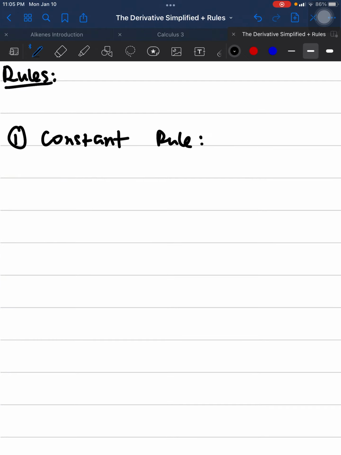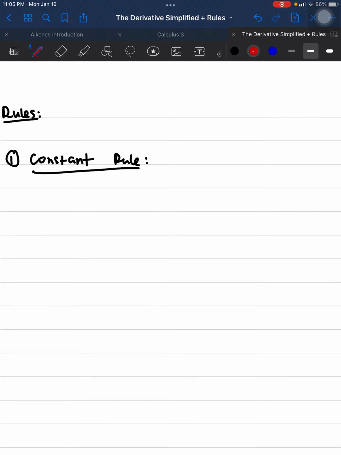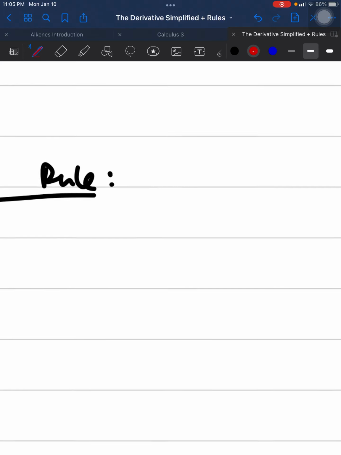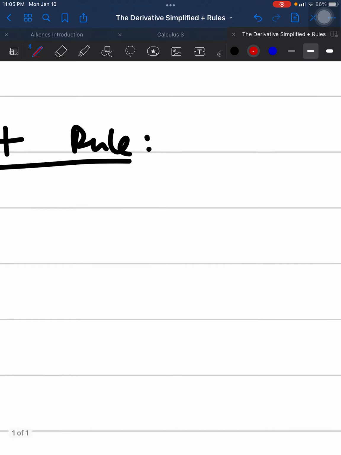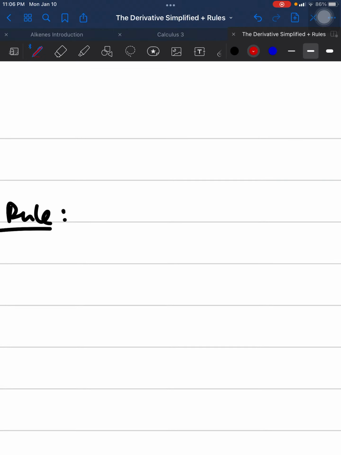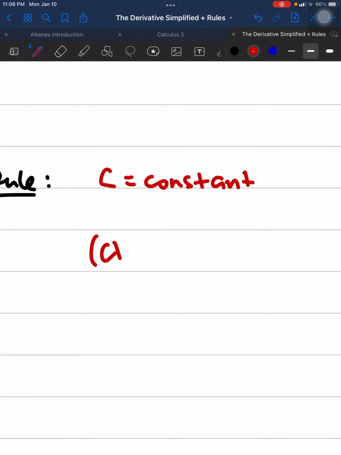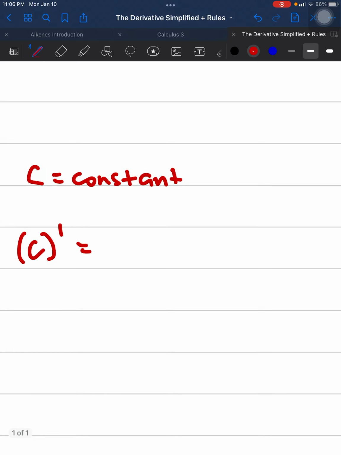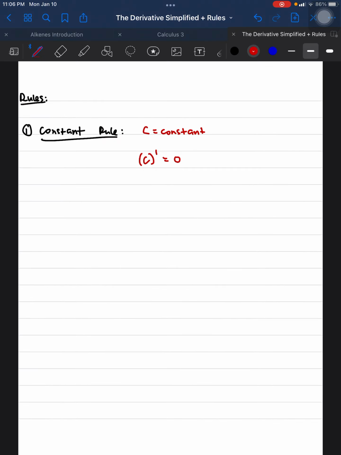So the first rule is the constant rule, and the constant rule basically means that whenever you take a derivative of a constant, its derivative is equal to 0. I'm going to denote a constant c, and when you take the derivative of a constant c, its derivative is 0.